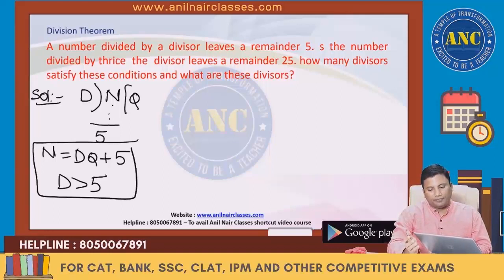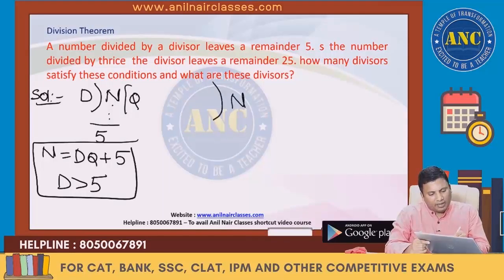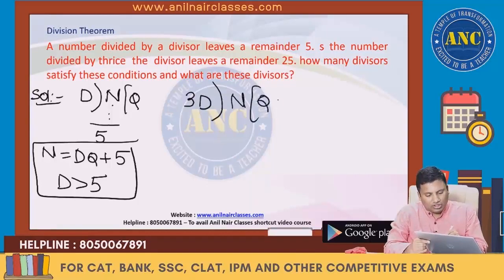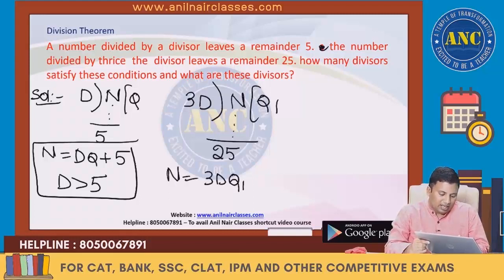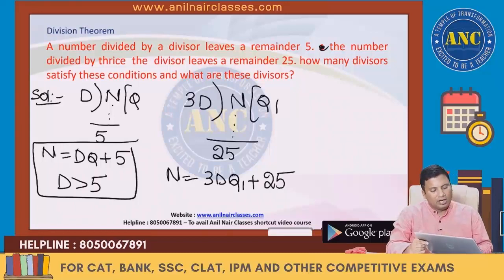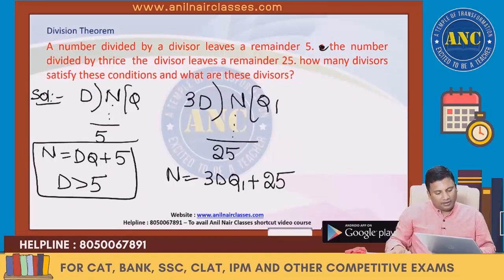The same number is divided by thrice the divisor, 3d, and the quotient changes to Q1, with remainder 25. So n is 3d Q1 plus 25.